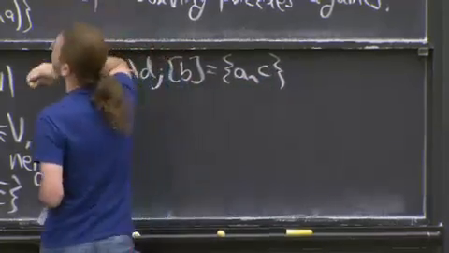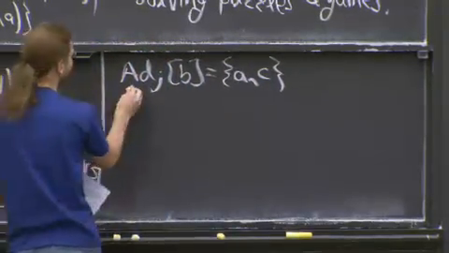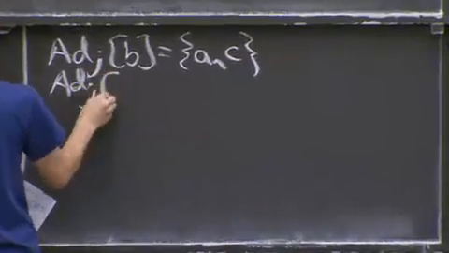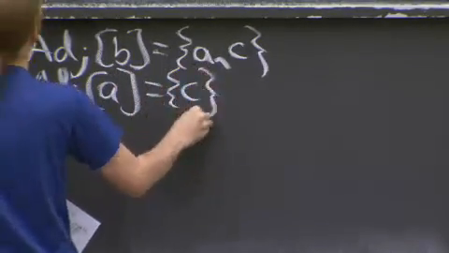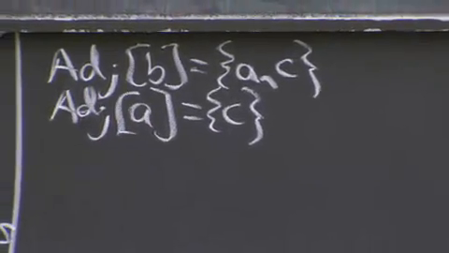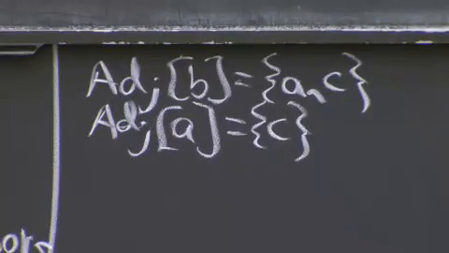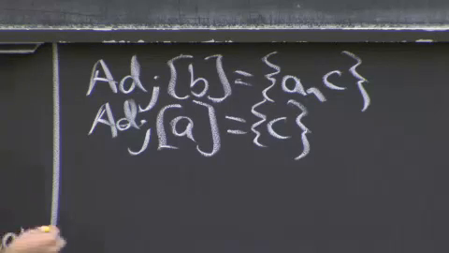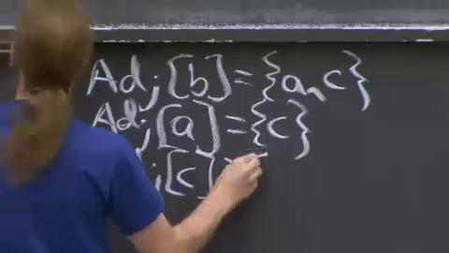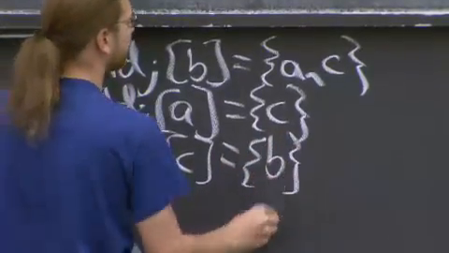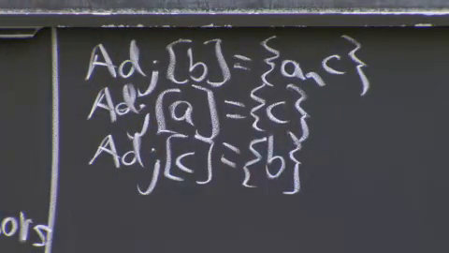In that graph, I should have labeled the vertices something different. ADJ of a is going to be just c, because you can't get in one step from a to b. The edge is in the wrong direction. And ADJ of c is b. OK, I think that definition is pretty clear.